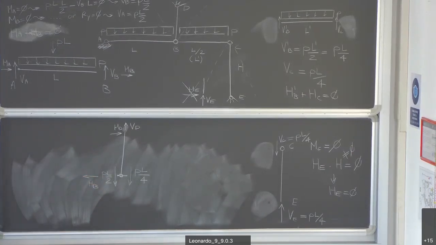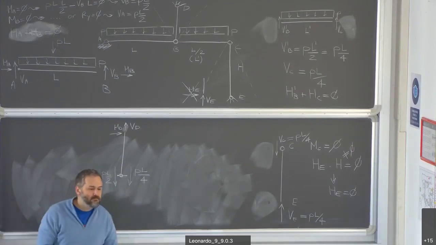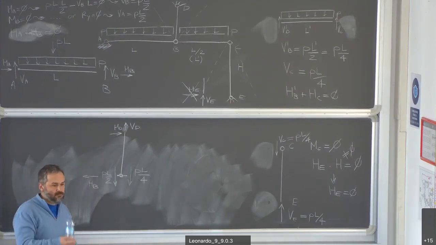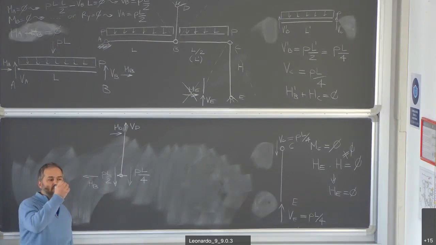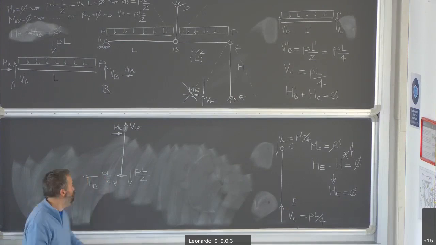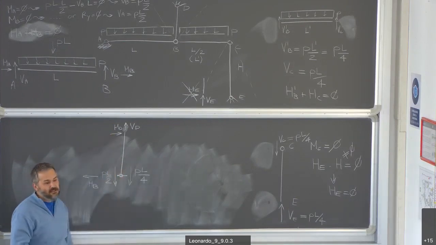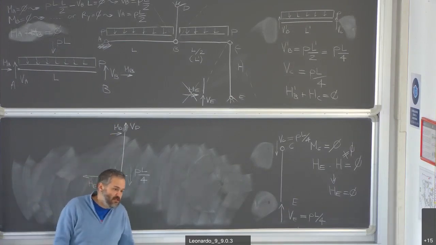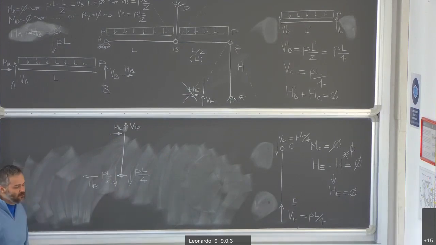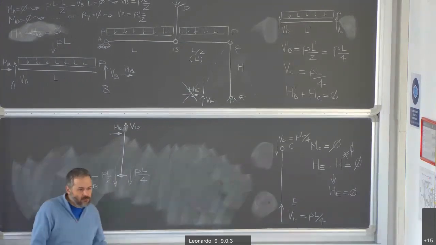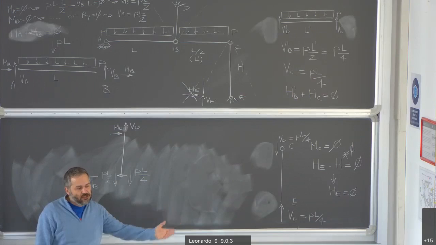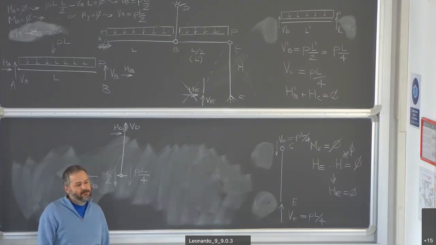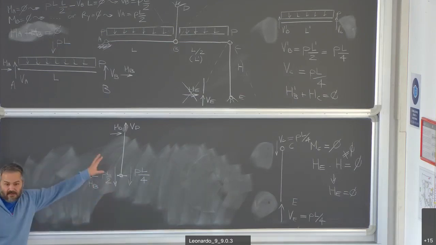Yes? If I forget to reverse the direction of VB, what implications does that have? You have wrong values. And the wrong behavior, because then it would mean this tie is in compression, which is not reasonable and also not consistent with what I wrote. There is a tie, there should be a tie. Okay? Have you got this? Okay?